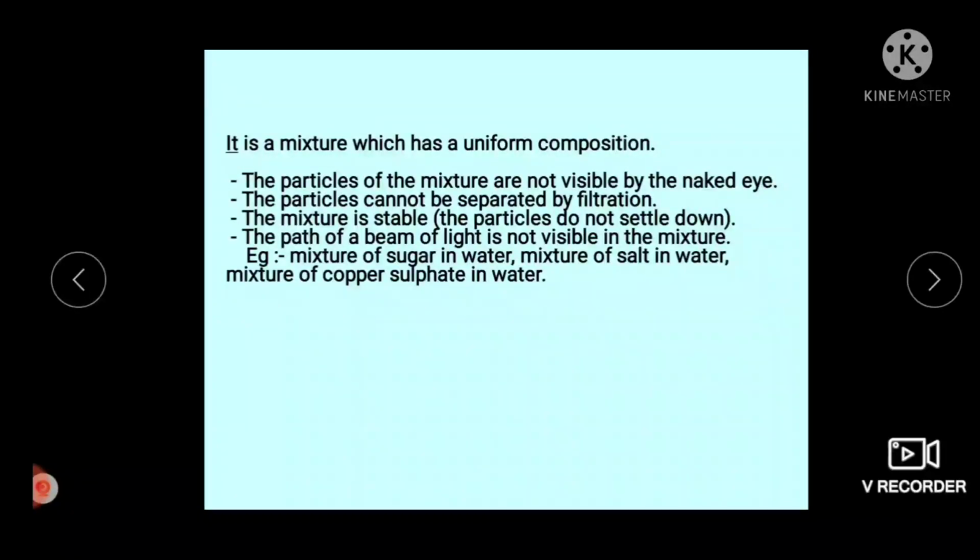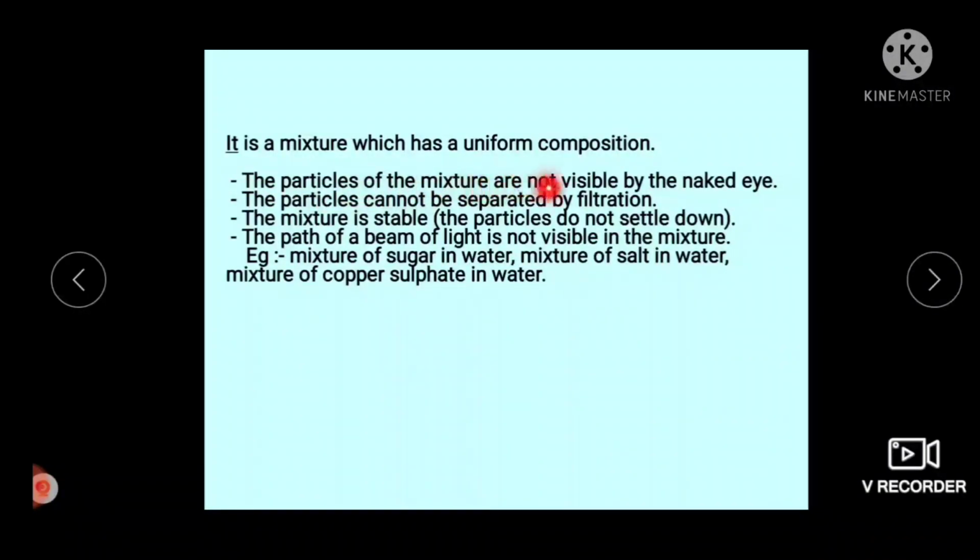Next, the particles cannot be separated by filtration. Let us take a sugar solution again. Is it possible to separate the sugar and water by using filter paper? It is not possible. Therefore, the particles cannot be separated by filtration in a homogeneous solution.